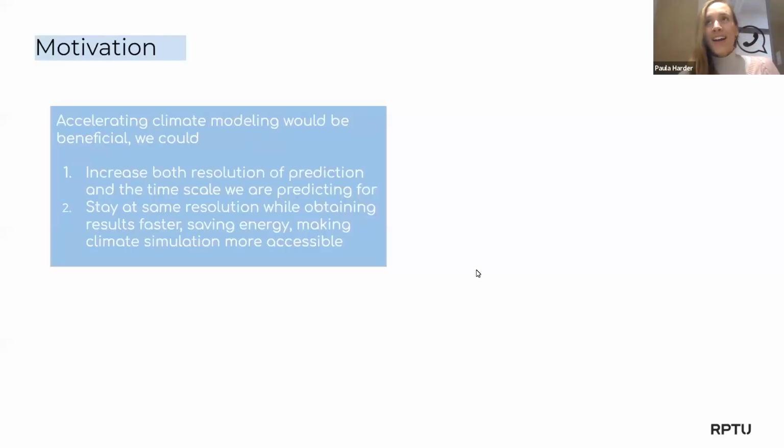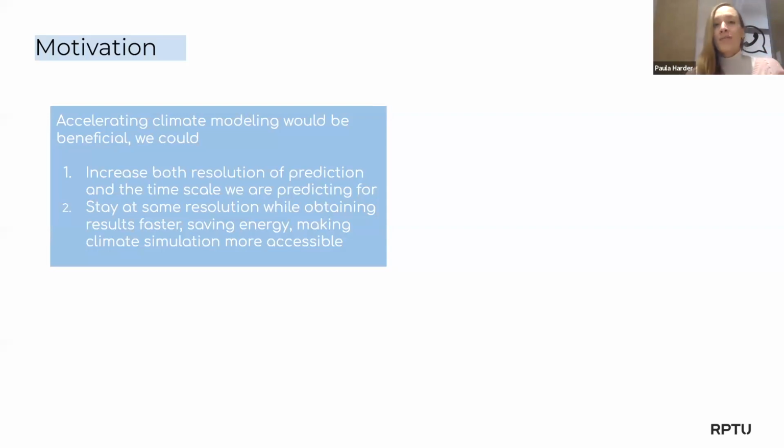So why did I do the work I did during my PhD? It would be very helpful to have faster climate modeling. For one thing, if you're faster, you can increase your spatial resolution, or also just predict farther ahead, which gives us more information about what to expect in terms of climate.